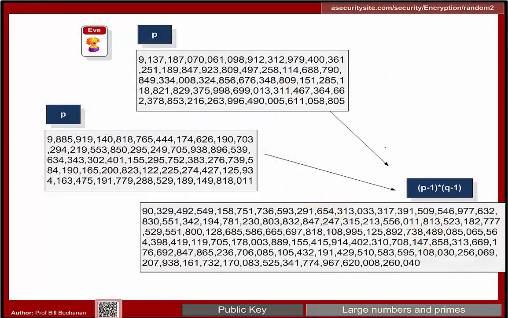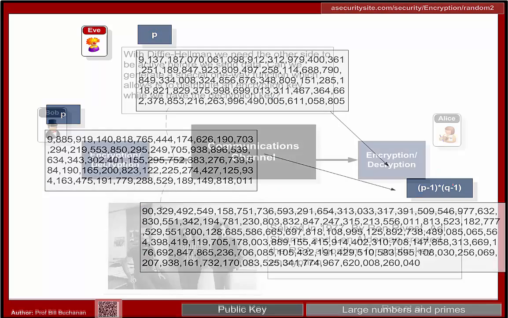One of the most popular methods for public key encryption is based on the difficulty of factorizing a large number. Computers have real difficulty in determining the original sources of a multiplication. In this case we have P and Q, which are two large prime numbers, and we multiply them together and get a result, and it's quite difficult for a computer to reverse that.